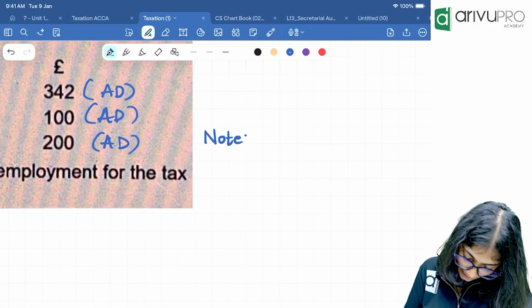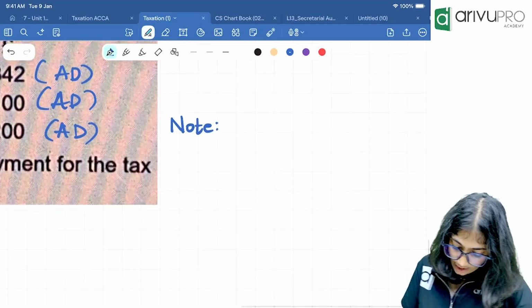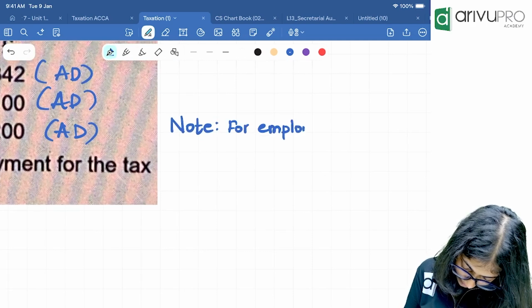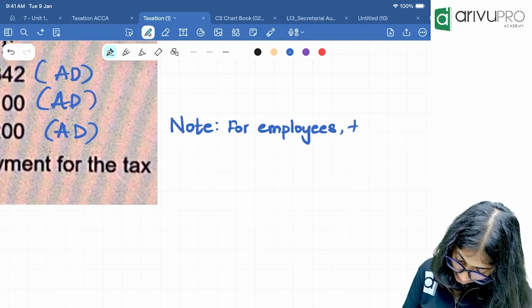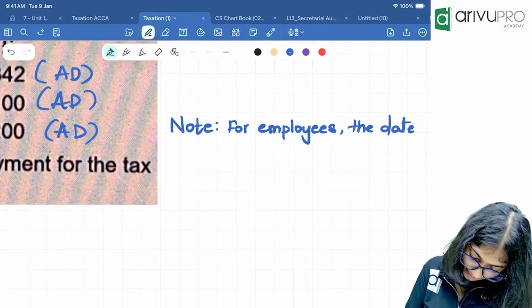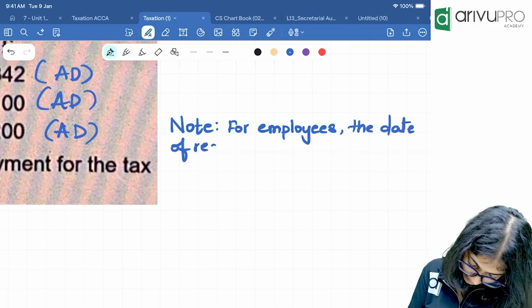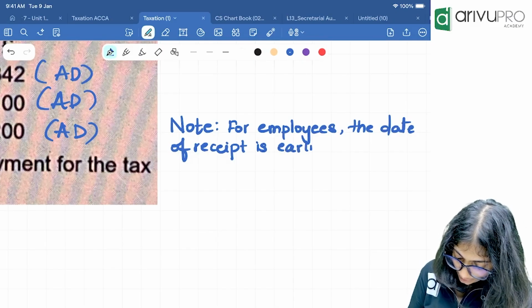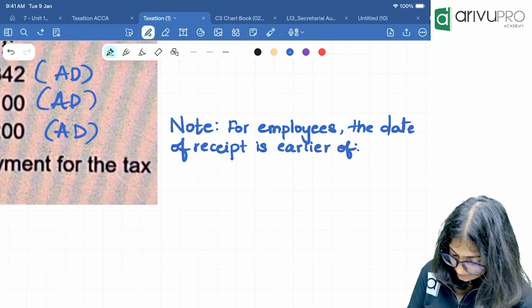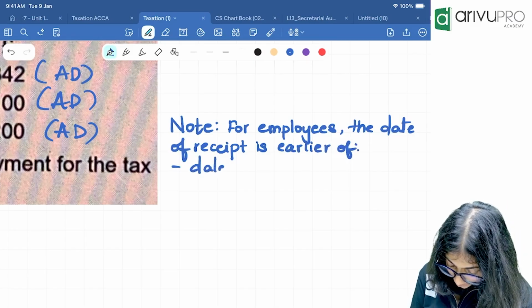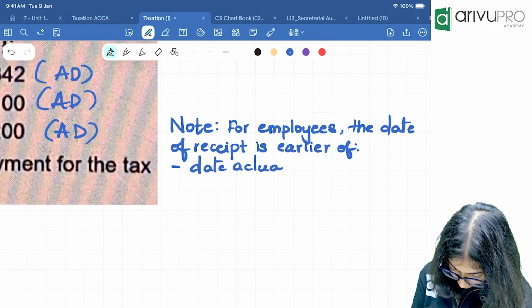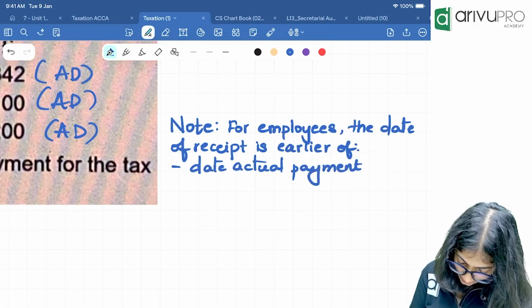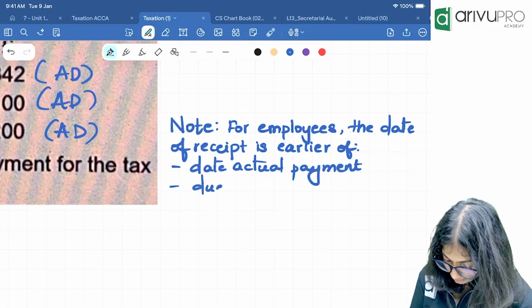That, hey, for employees, the date of receipt is earlier of two things: date of actual payment and when it becomes due date.